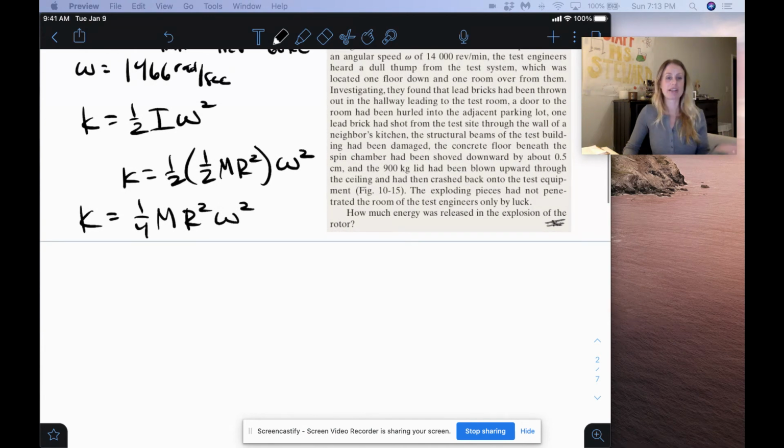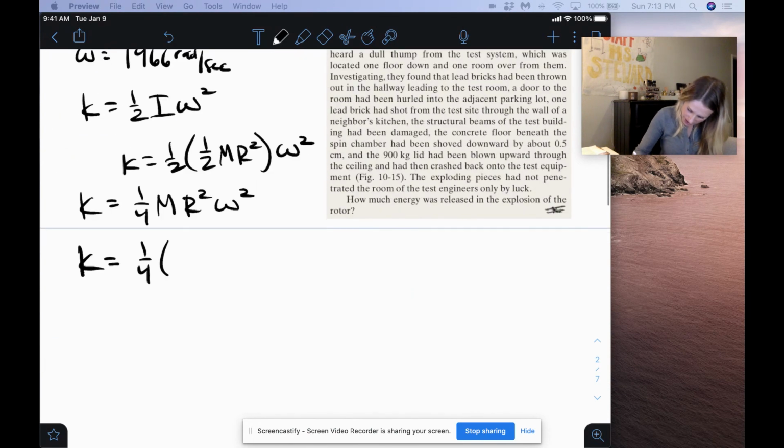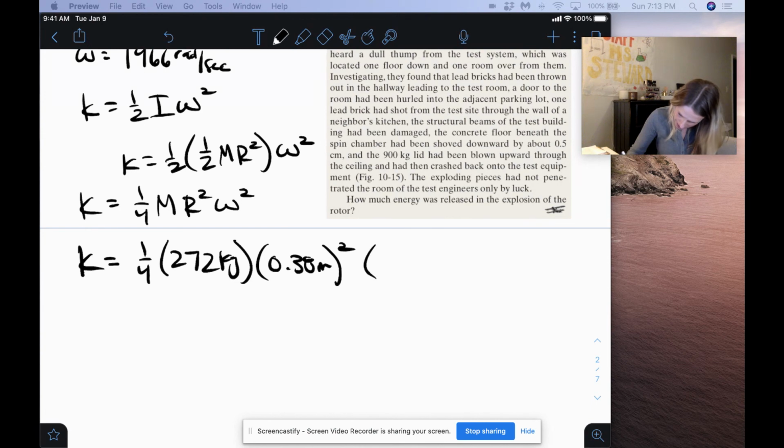Here we can just plug in our numbers. We get kinetic energy is equal to 1/4 times the mass, which was 272 kilograms, times our radius, 0.38 meters squared, times omega squared.